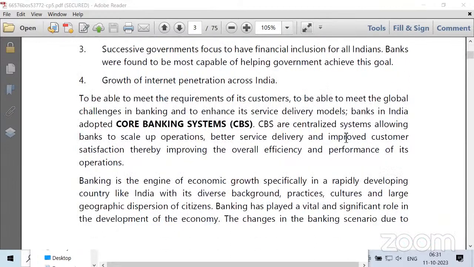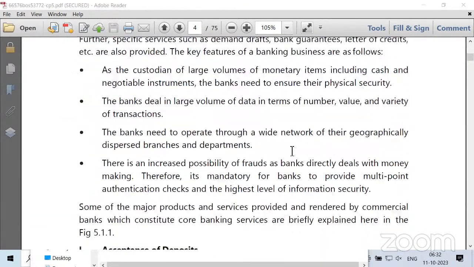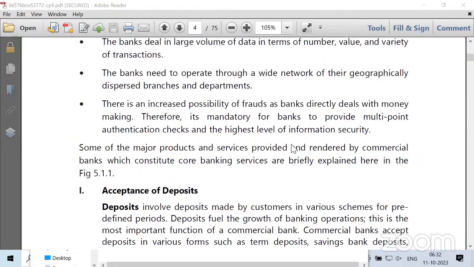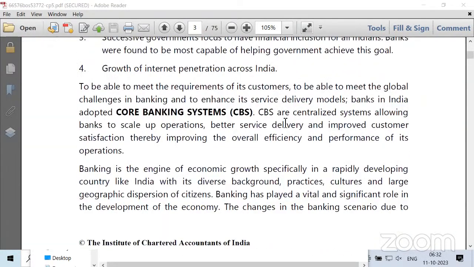So we understood core banking is nothing but just imagine the ERP modules combined together. What are the products that are available in the banking environment? Like CASA, that is current account and savings account, then loans, different kinds of loans, etc. All are combinedly added into a module. So that's considered to be core banking solutions.